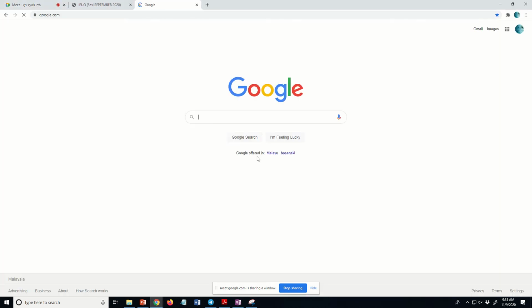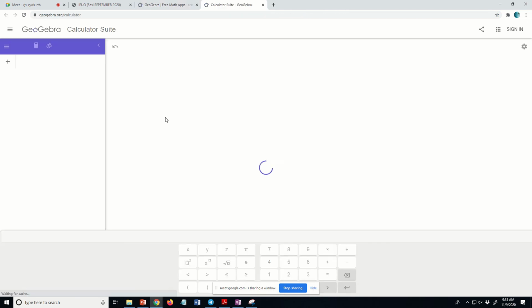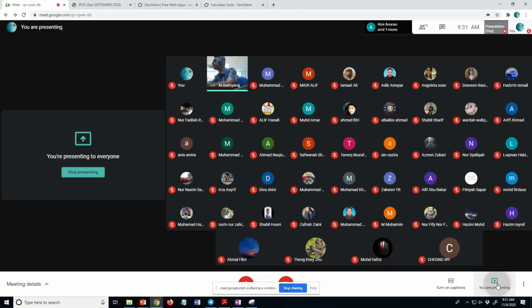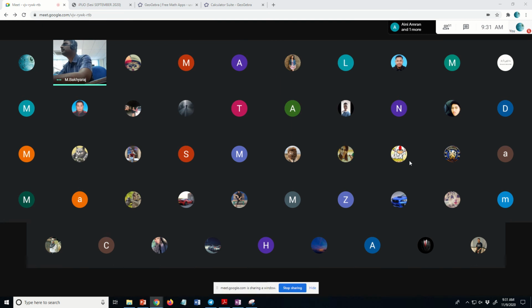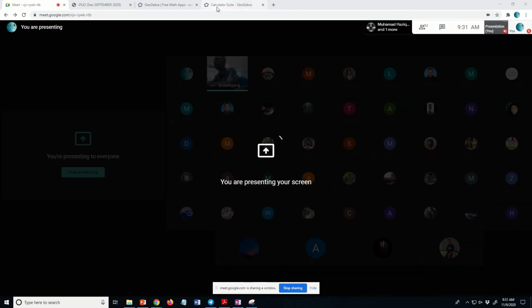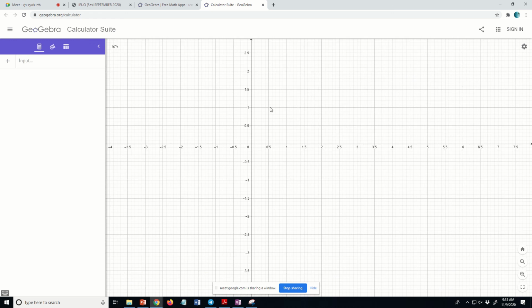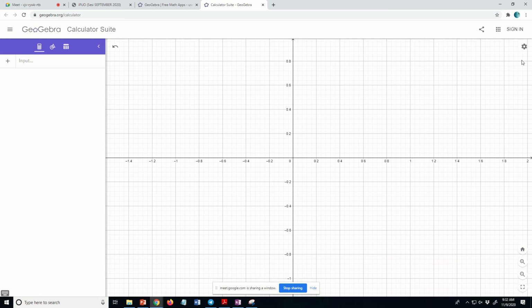I open a software for you so that you can see it properly. Look here, I think you can see this software. Watch when I scroll. You see what happens. I make the grid a bit bigger. Can you see the grid? It's too small, so I make it even bigger. Okay, that's good.